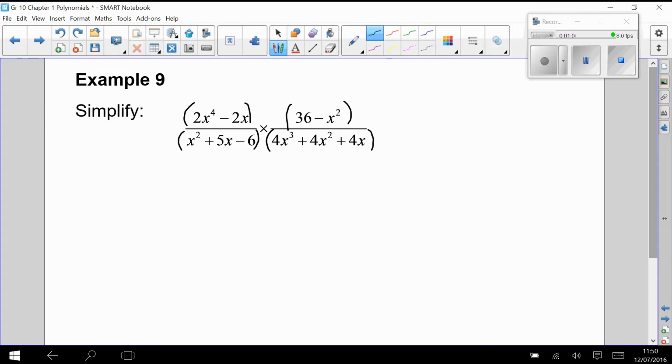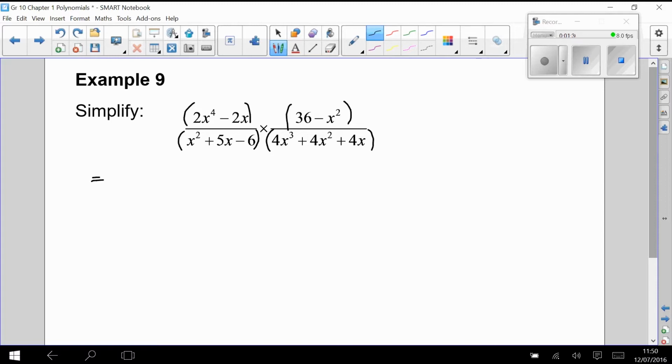Before I start, I want to make sure that all of my numerators and denominators have a perfect reducing degree of x. And you can see that the numerator of the second part does not have that. So changing it so that the x squared term comes first, I'm going to write it as follows.